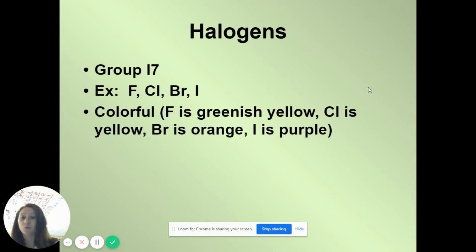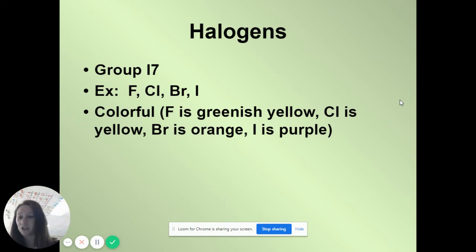So fluorine and chlorine are these yellow gases. Bromine, I have a tube of bromine here, is actually a liquid at room temperature, but if you have just a tiny bit in a big container like this, it usually kind of vaporizes. So it's like an orange, reddish orange color. And iodine is, I thought I had a sample of it here, maybe not.